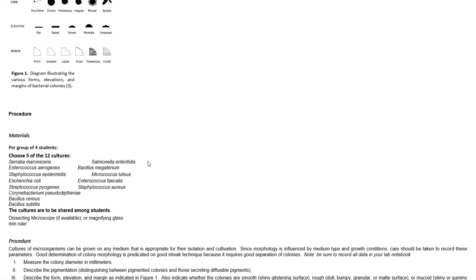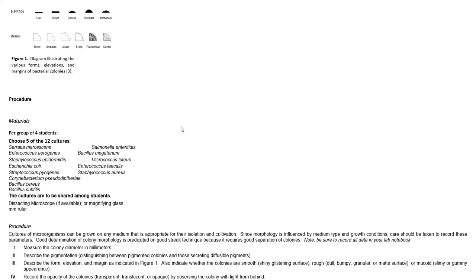If we were doing this in the lab, you would actually receive these bacteria already grown, and you would use them to describe the colony morphology. In addition to these 3, we can also talk about the color. Is it white? Is it yellow? What is its appearance?